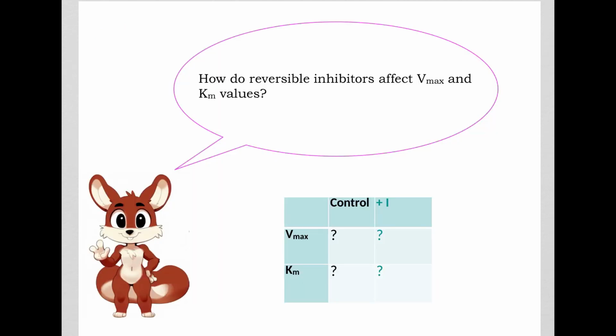So let's look at how a reversible inhibitor will affect Vmax and Km and compare that to the same Vmax and Km value without the inhibitor, minus the I, which we'll call the control.